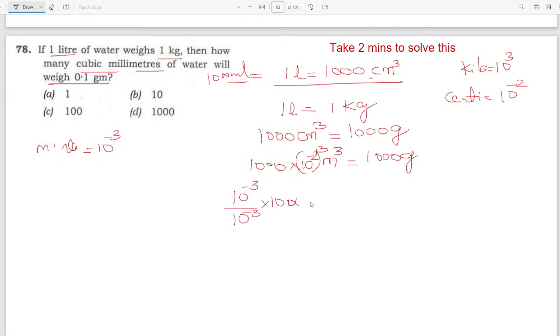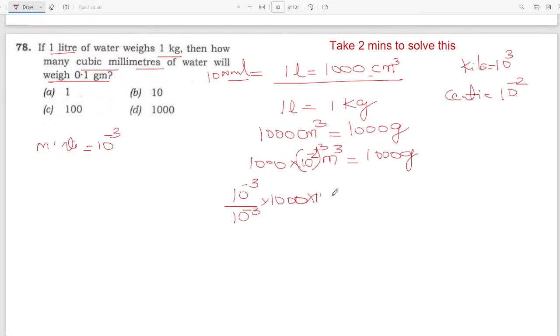This will be 1000 into 10 raised to minus 2, whole cube, meter cube, equal to 1000 grams.